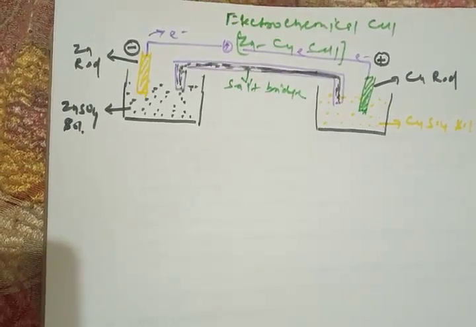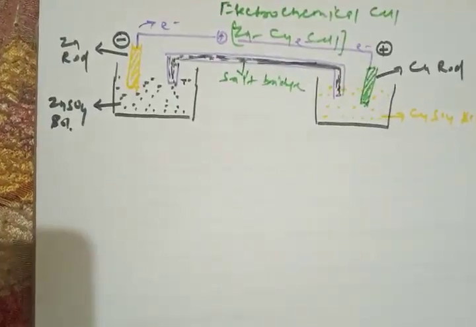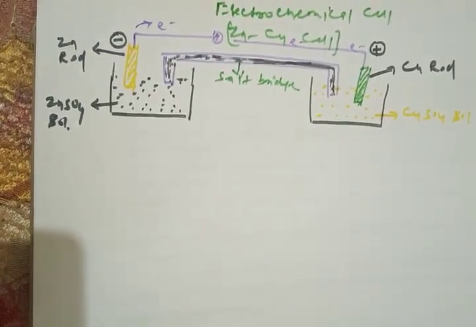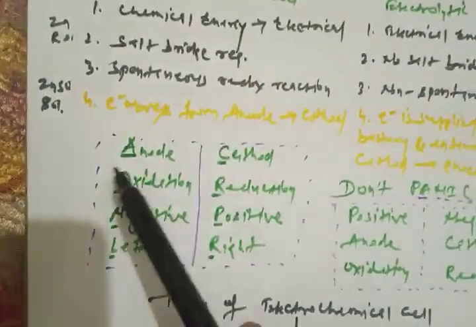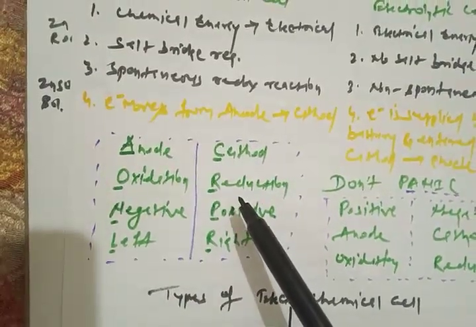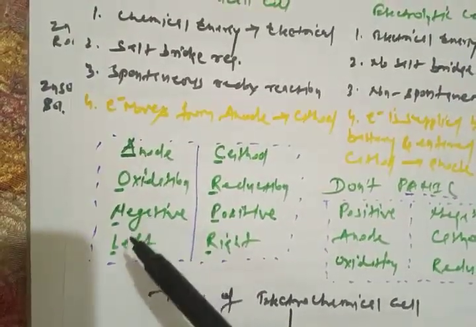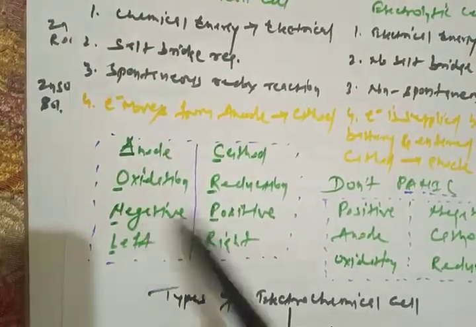Now as we discussed, in an electrochemical cell the anode is the part where oxidation occurs, and the cathode is where reduction occurs. That means the negative electrode on the left side is where oxidation occurs.